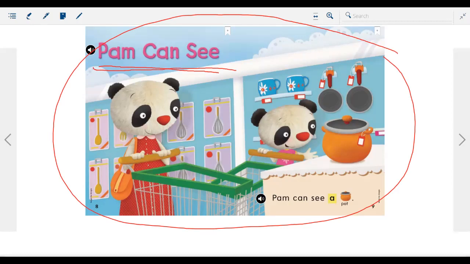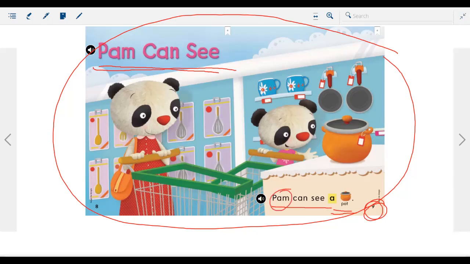Now, let's read this sentence on page 9. Pam can see a pot. Pam can see a pot. This is a sentence. A sentence is made up of a group of words. This is a word.